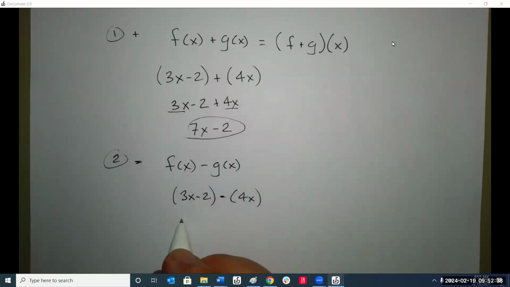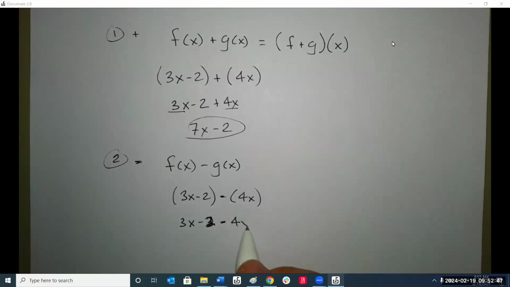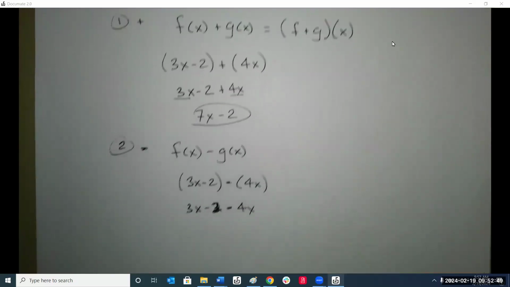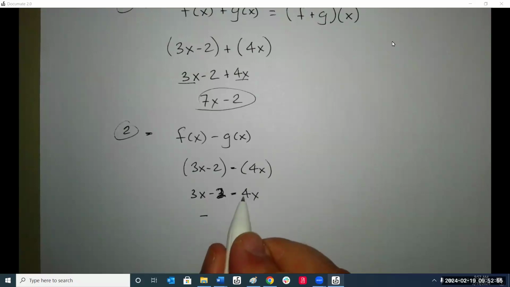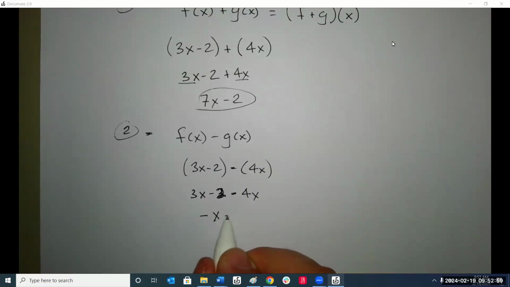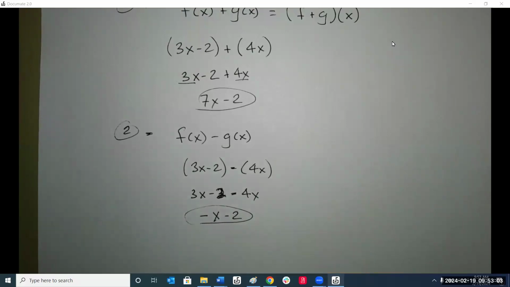There's nothing in front of the first one, so I could drop the parentheses. There's a negative out in front of the second. Combine like terms. 3 minus 4 is negative, since 4 is bigger. 4 minus 3 is 1. So the answer is negative x minus 2.